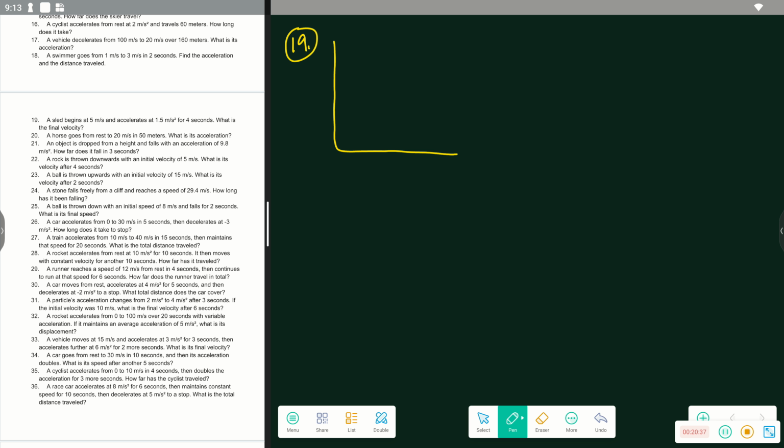All right, so you have your sled here, starting at 5 meters per second, goes this way, and accelerates. We don't know what the final velocity is. In fact, that's what we're solving for.